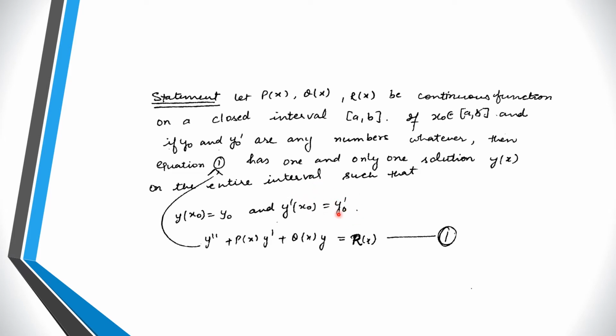So equation 1 has one and only one solution, the unique solution over the interval. Corresponding to x0 we will have only one value of y, which is y0. Similarly, the derivative of y at any point x0 should be some y0 dash, a unique one. So whenever these are continuous, only then we have a unique solution.